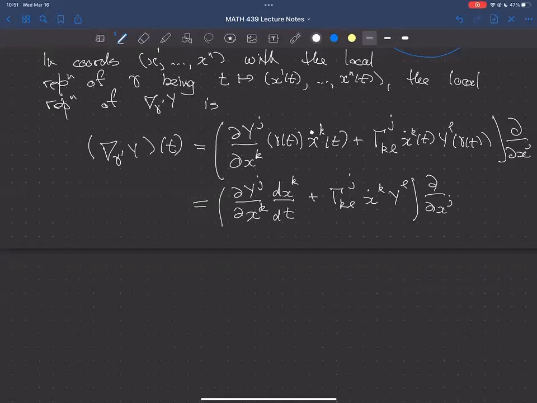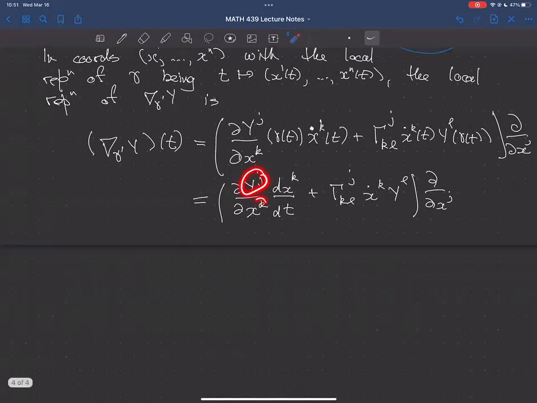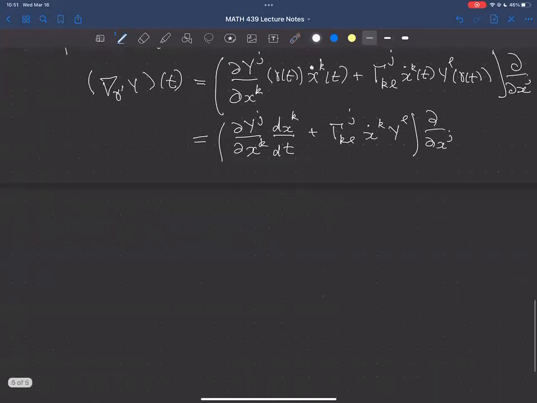If you apply the chain rule, what does this thing look like? Right, so I'm going dy j by dx k, dx k by dt. So this whole thing is really just dy j by dt. Because if you were to take dy j by dt and expand it using the chain rule, that's what you get.